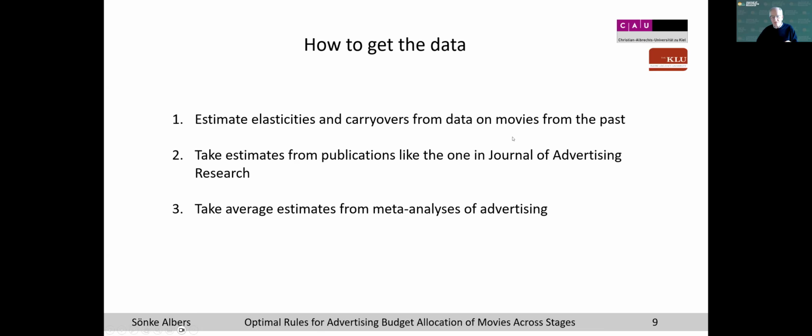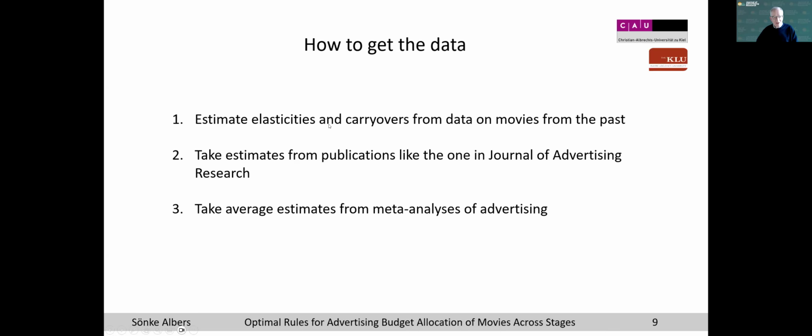Then you have data from the past, and you may be able to estimate the elasticities and carryovers with econometric methods or software from the data of the past.